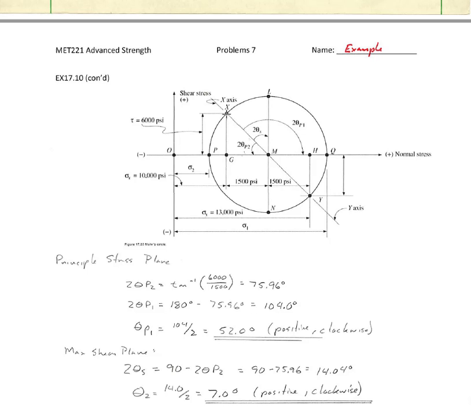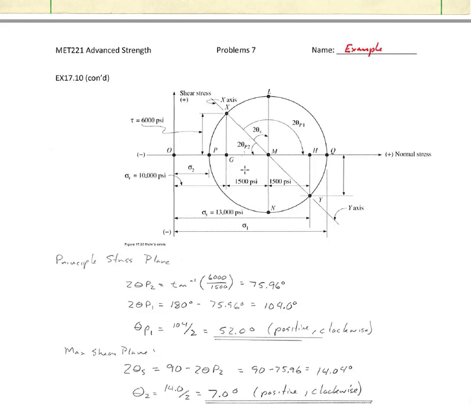If we were to rotate point X all the way about this 2 theta P1, we rotate it up to Q, and that gives us our maximum principal stress. See, P1, maximum principal stress. And then this 2 theta P2, if we were to rotate point X down to this point P through this angle 2 theta P2, that gives us our minimum principal stress. So again, Mohr's circle is a way of looking at the stress state of the element and then being able to look at it at all of these different angles right at the same time.